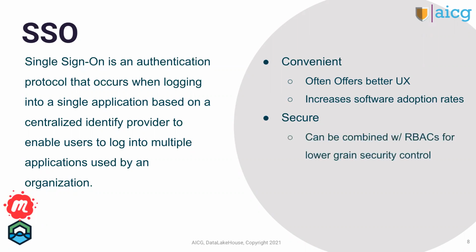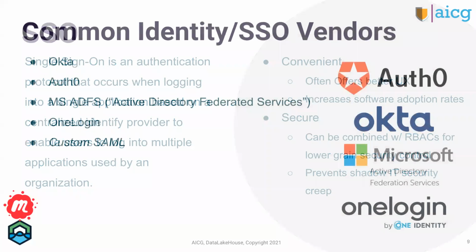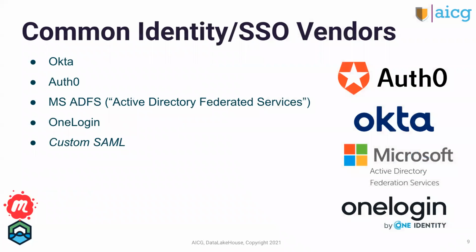And then, of course, the security is almost unmatched by providing a centralized place to store your users, the authentication, and also the authorization concepts. It really does create a great layer in your enterprise or your platform for security. And it also prevents other parts of an organization from trying to develop one-off custom security concepts for handling login and access to your platform or to the applications that you use.